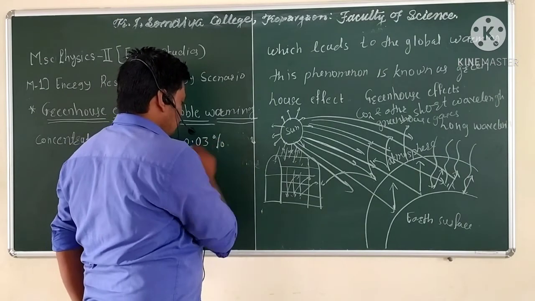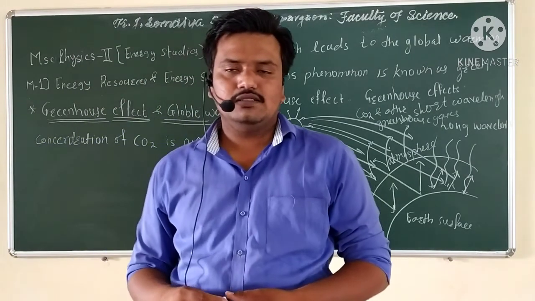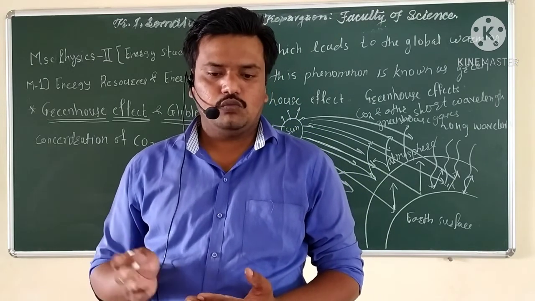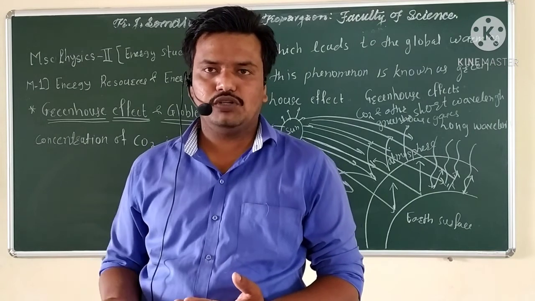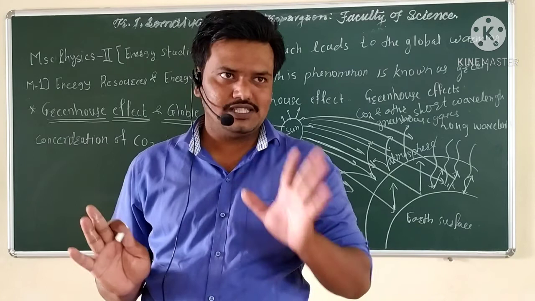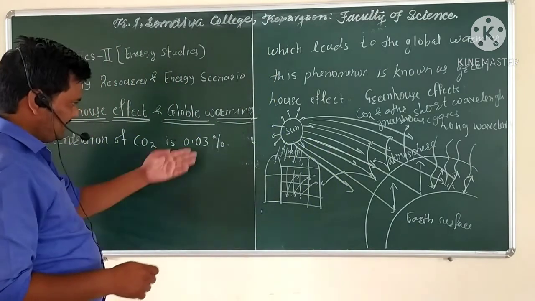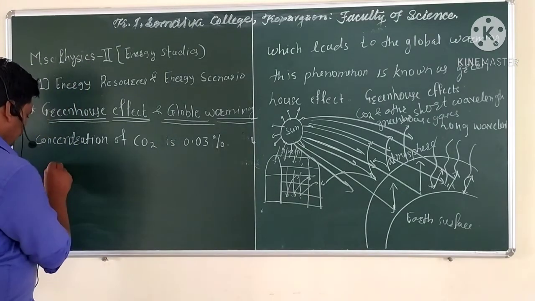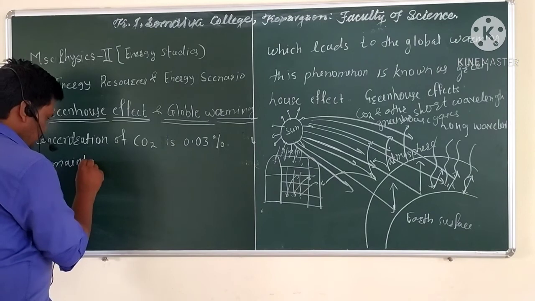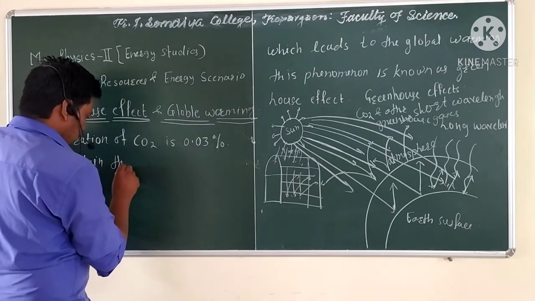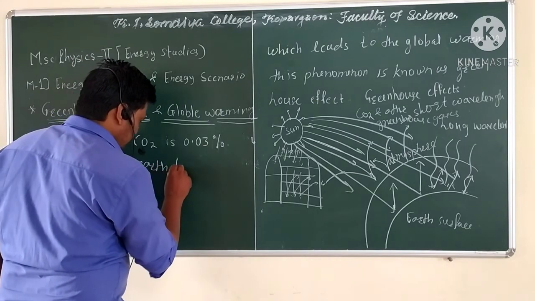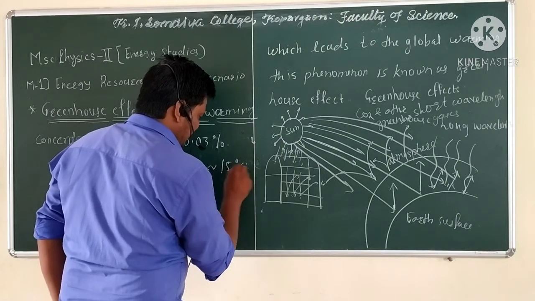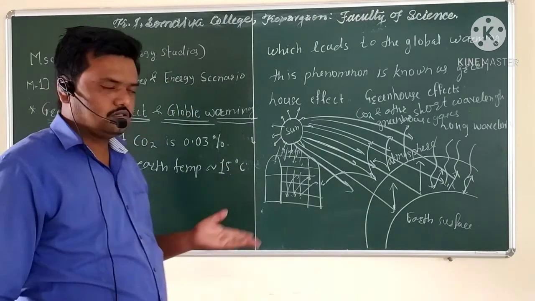So the concentration of CO2 in the atmosphere is 0.03%, and it is due to this effect that the earth maintains an average surface temperature of 15 degree Celsius. So that 0.03% of the CO2 maintains the earth temperature at nearly 15 degree Celsius, and that has maintained the earth atmosphere.